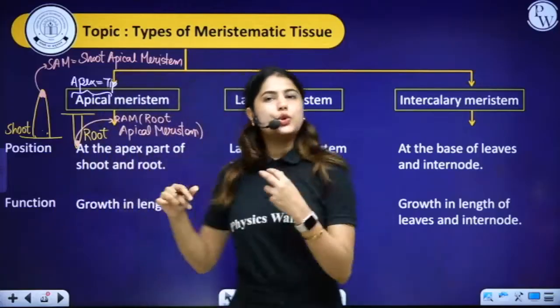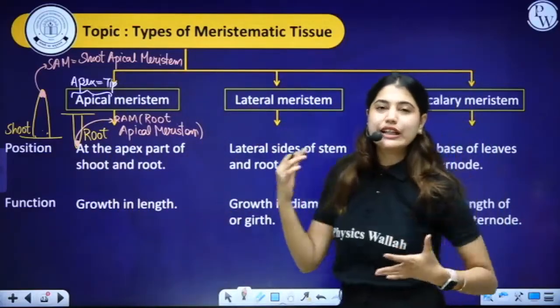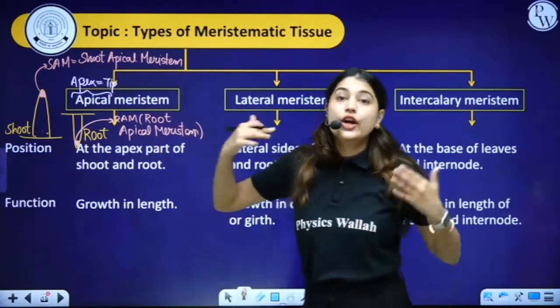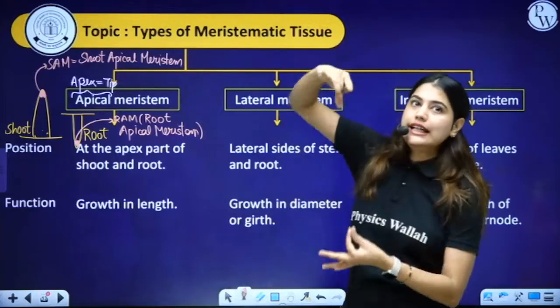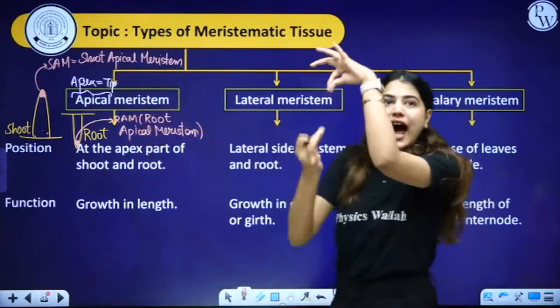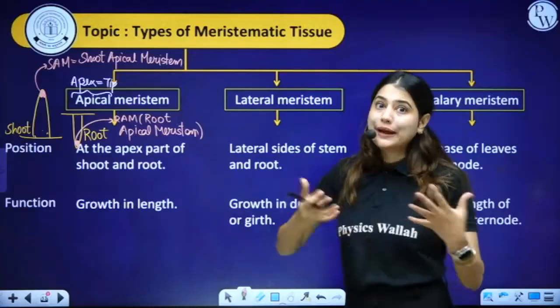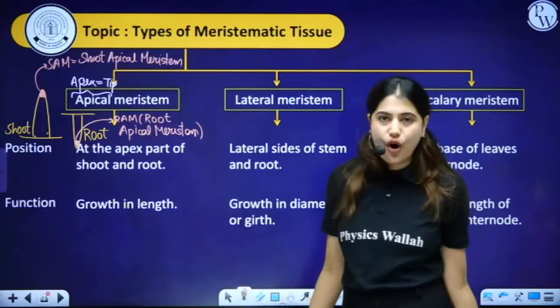Present at the tip, obviously it will divide and it will help in growth. So basically it will help in increasing the length of the shoot and the length of the root. So it is increasing the height of the plant, right?